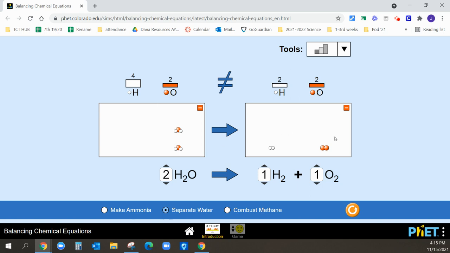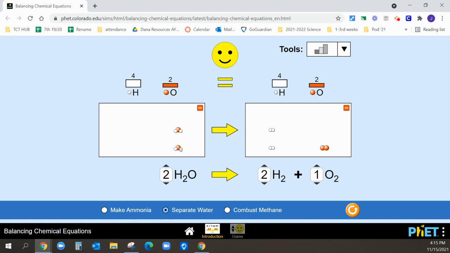On the right side of the arrow, I see only 2 hydrogens, H2. I need more hydrogens on the right side of the arrow, so I'm going to add another molecule of H2. By doing so, I can now count 1, 2, 3, 4 total hydrogen on the right side of the arrow. That's why you have that 4. And on the left side of the arrow, I have 4.